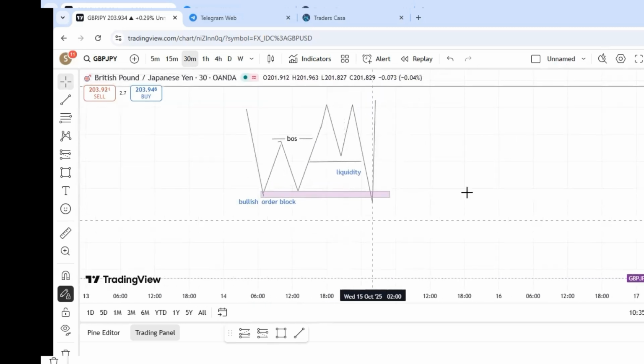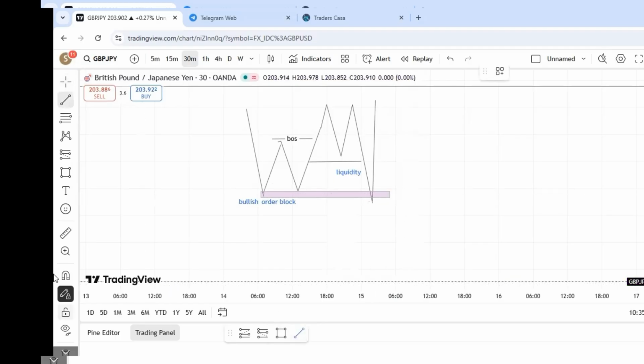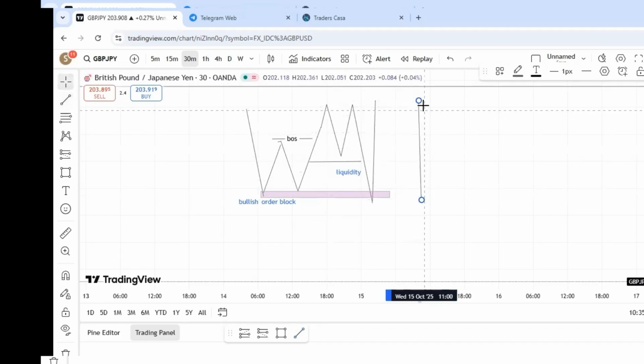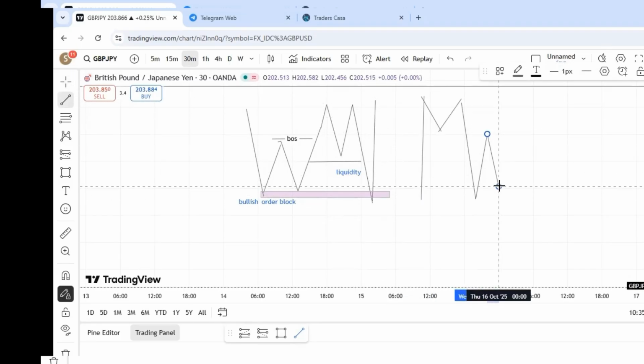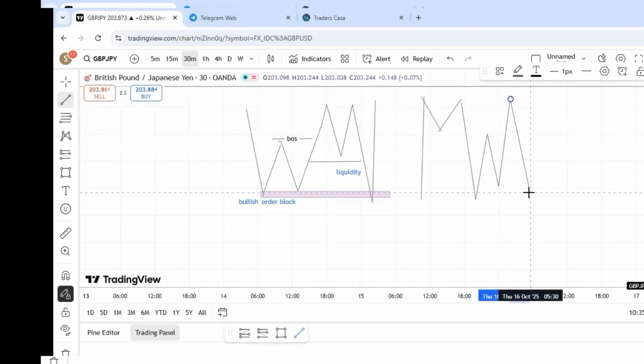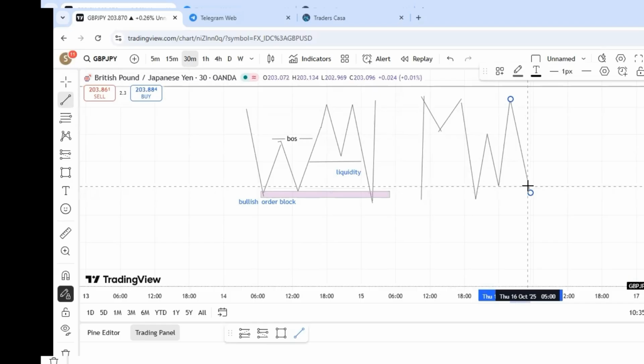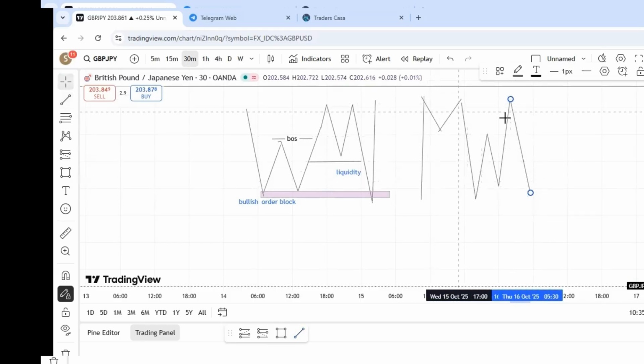Same thing applies to, let me draw another something like that. Same thing applies here.